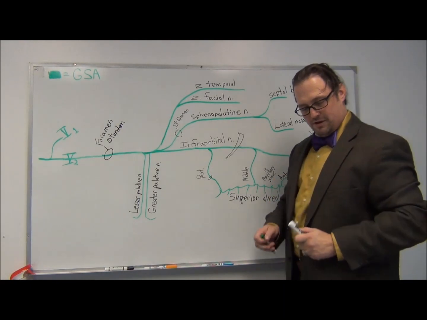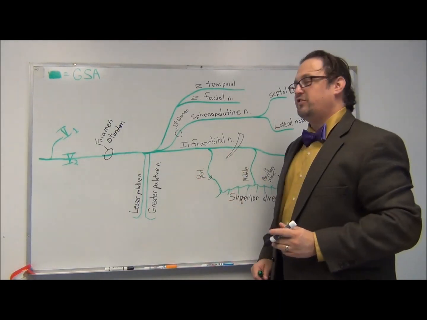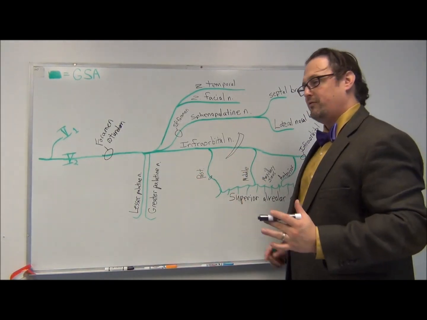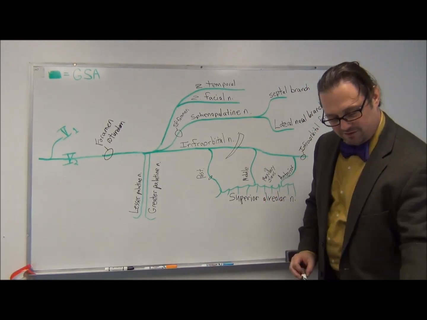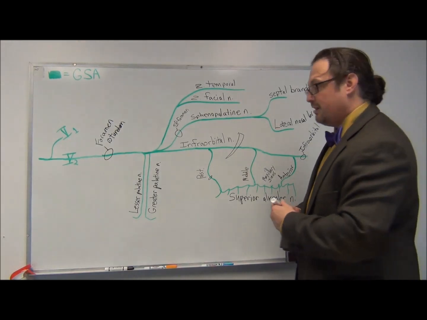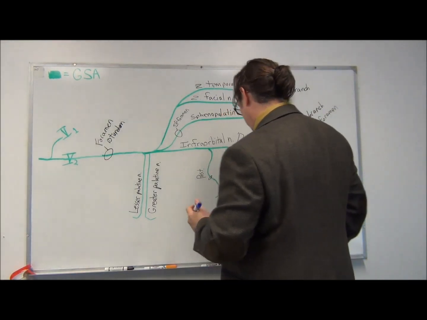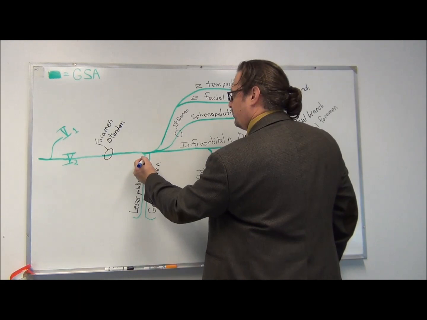Okay, so V2 is entirely sensory. The maxillary nerve's whole function is sensory to this middle part of the face. But just like V1, we've got some autonomics that are hanging out here too.